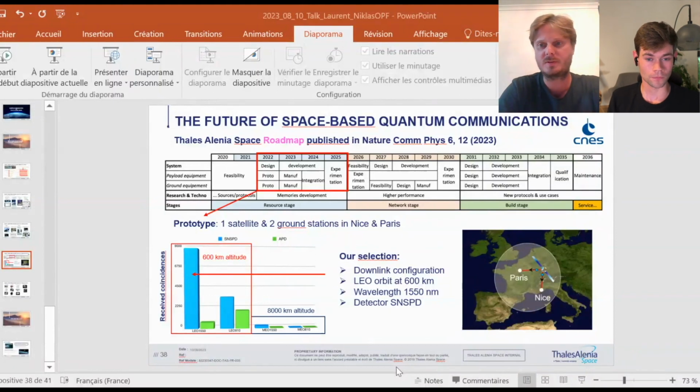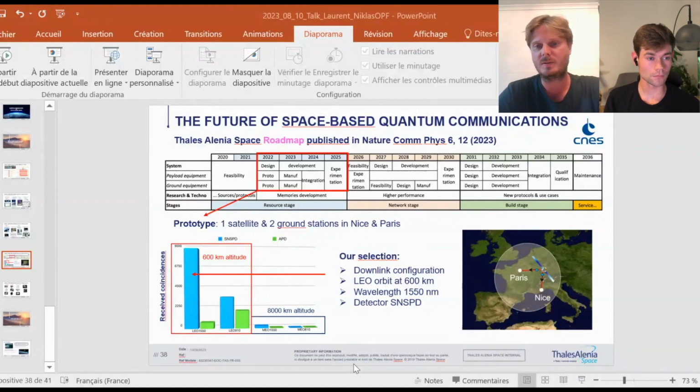Yes, so the setup was one satellite with a quantum entangled photon source on board, and the mission is to distribute the entangled photons to Paris and Nice, and we have performed simulations over 1 year, because this is important because you have seasonal effects, and we took this effect into account.